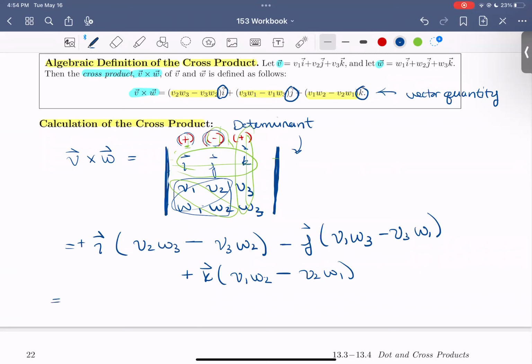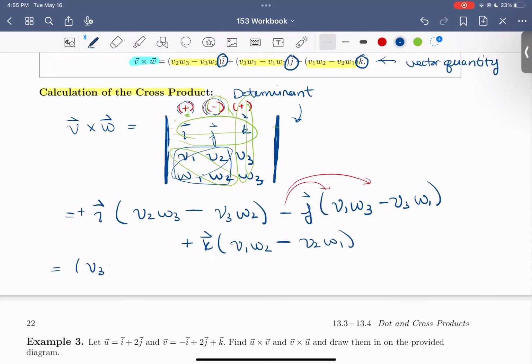Notice what happens when we move things around a bit, like put the i's, j's, and k's at the end, and also bring in that negative symbol. Let's carry that operation out. We'd start with v2 w3 minus v3 w2 times i, plus negative v1 w3 plus v3 w1. I could even switch the ordering and start with my positive number.